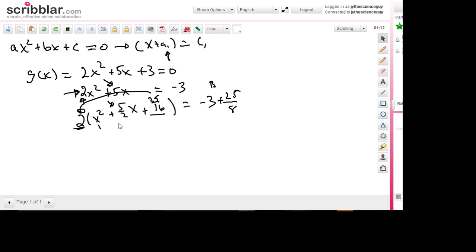So now I have a perfect square in here. This is going to be 2. That number 2 still stays there. And this is x. The sign there is positive, so this is going to be plus. And then I take the square root of this number, and so that's 5 over 4 squared.